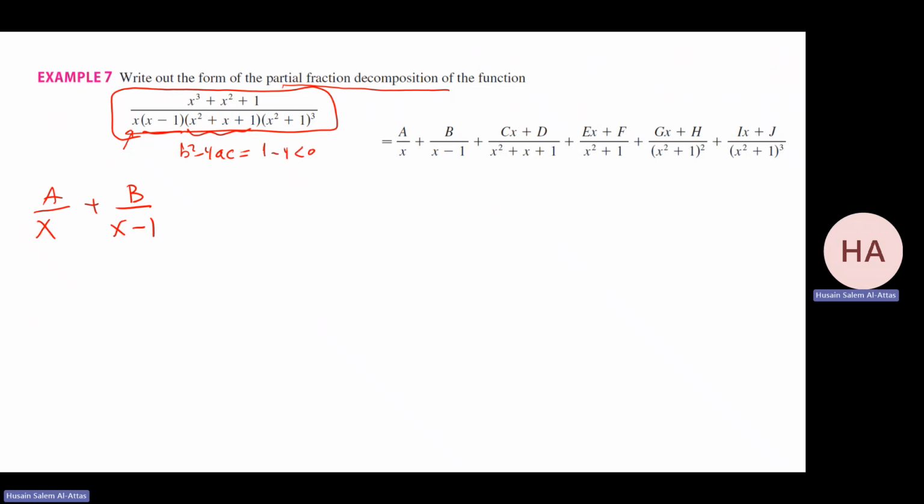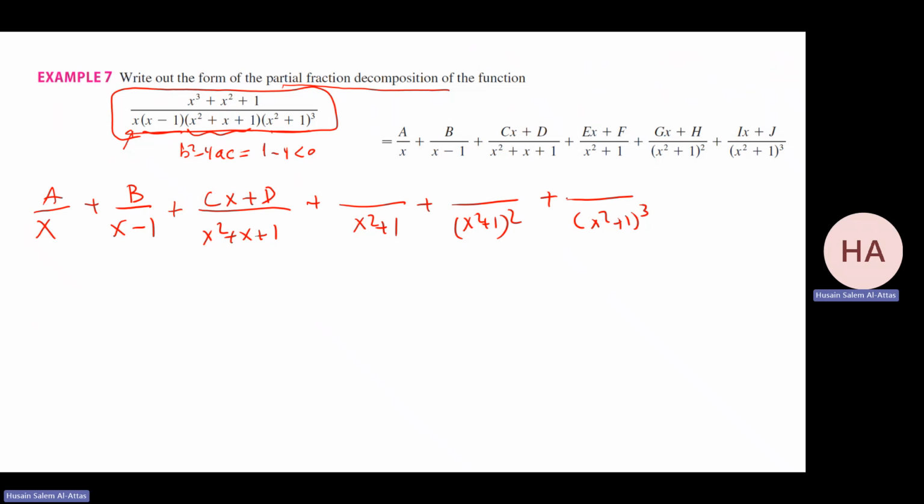So I cannot factor it. So I need cx plus d over this. This is also quadratic, cubed. So I need x squared plus 1, x squared plus 1 squared, until I reach the cube. Now I need letters: ex plus f, gx plus h, ix plus j. And this will be the answer.